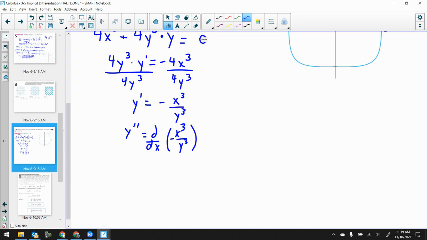Well, what's that telling me to do? Quotient rule. Okay, quotient rule is f prime g minus g prime f all over g squared. So y double prime is going to be equivalent to f prime g. Now what I'm going to do is take the negative all the way out.